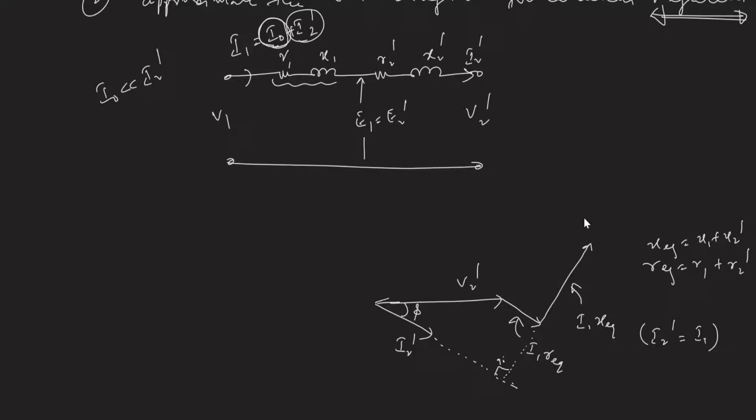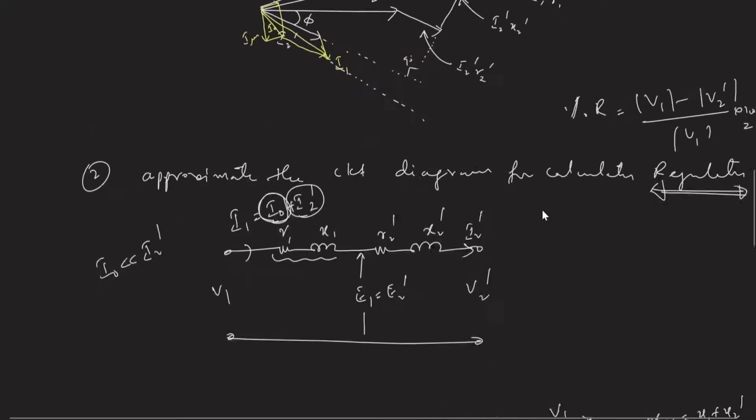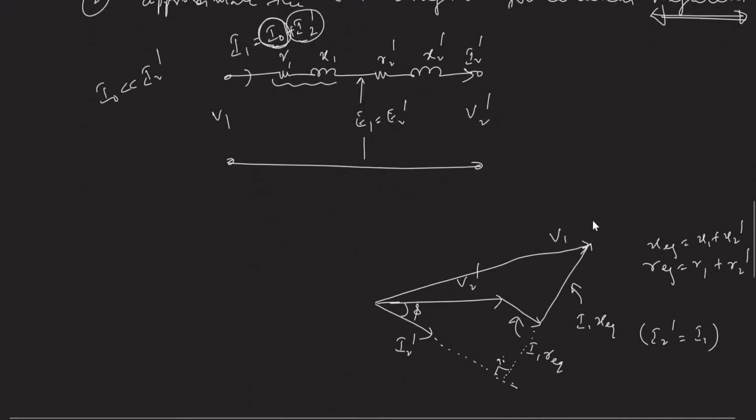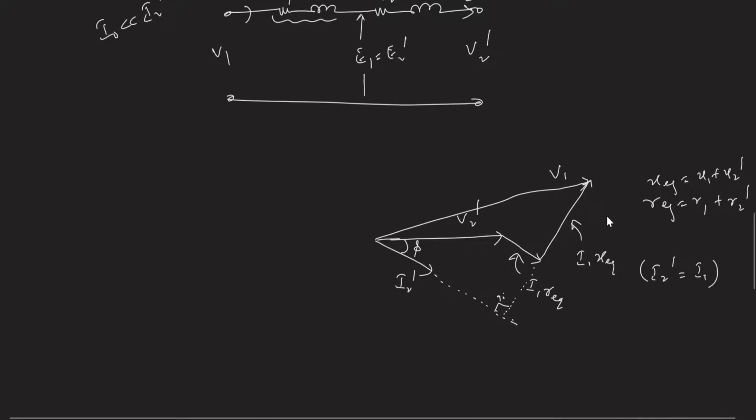Now joining these two points will give me V1. That's it. So this is a very simple phasor diagram compared to the previous one. Compared to this one, this is very simple, right?